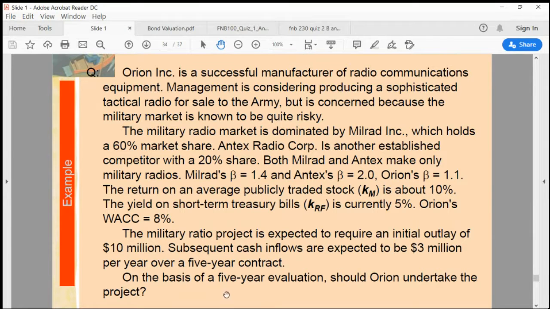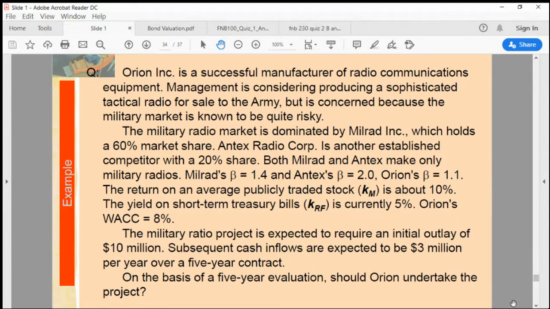On the basis of a 5 year evaluation, should Orion undertake the project? Although currently Orion's cost of capital is 8%, using CAPM, what should its risk-adjusted cost of capital be?